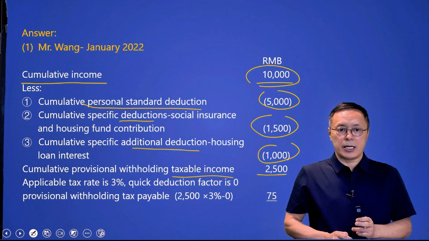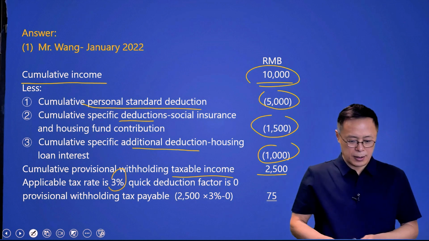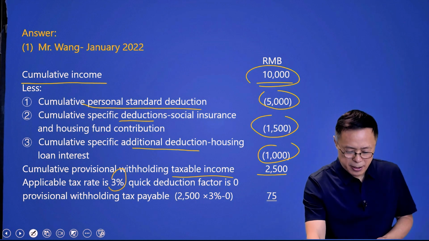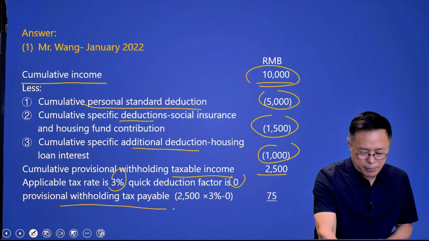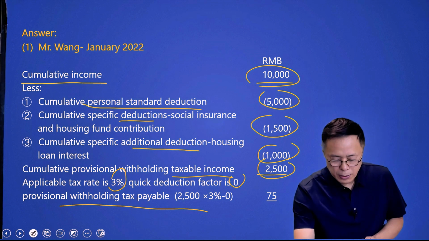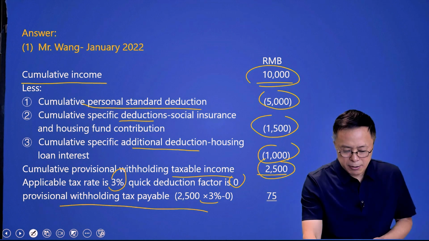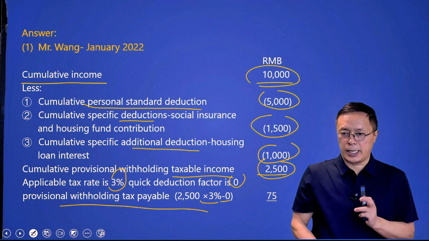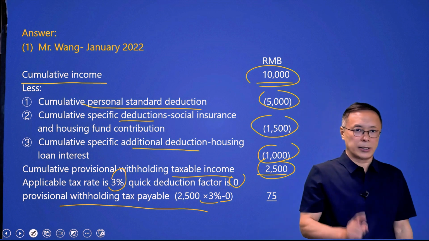By referencing the tax rate table, we get the applicable tax rate of 3%. Quick deduction factor is 0. So, provisional withholding tax payable equals 2,500 times 3% minus 0, which is 75.